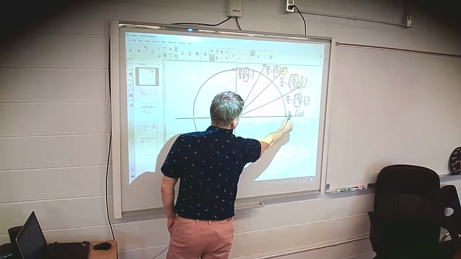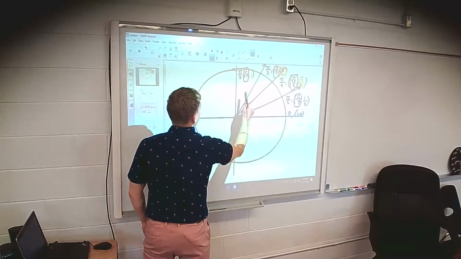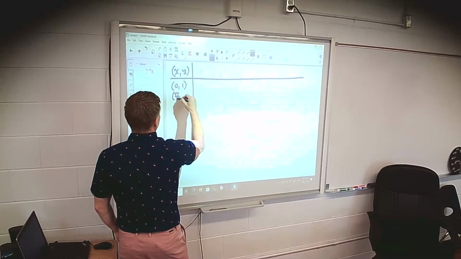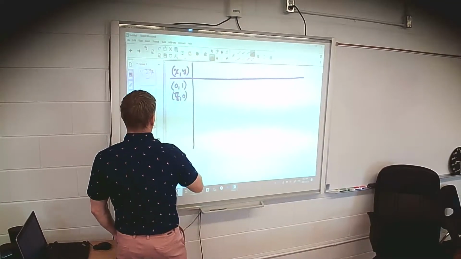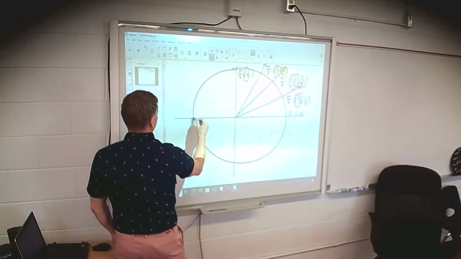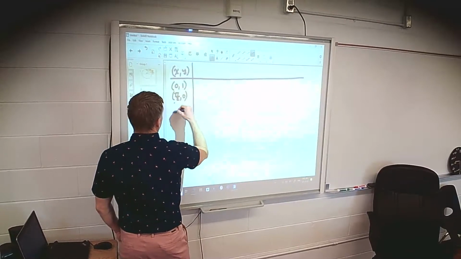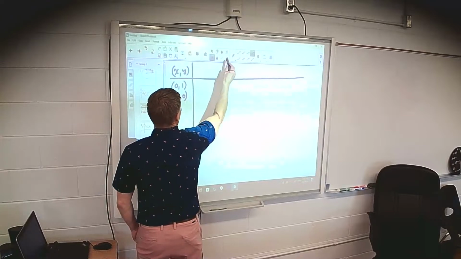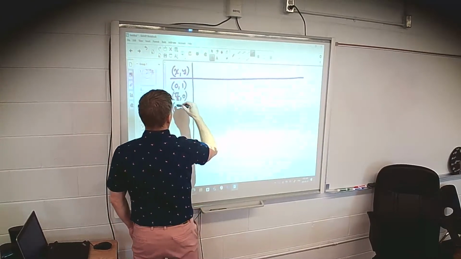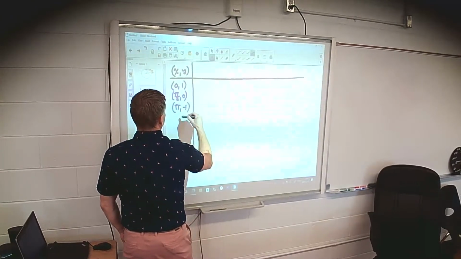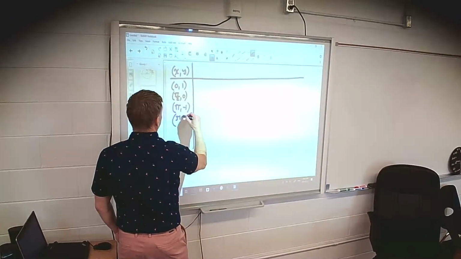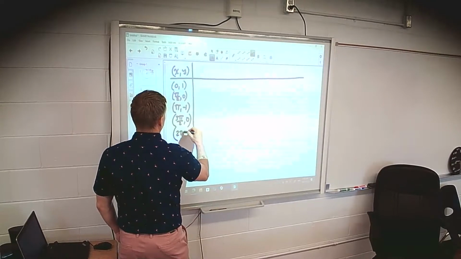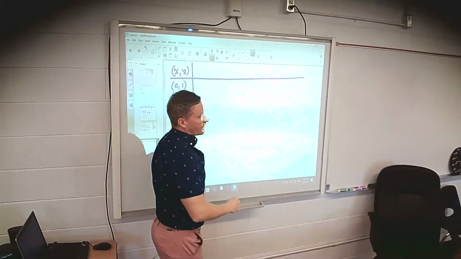So at 0 degrees or 0 radians, my cosine value is 1, up here. Then at pi over 2, and 0. Then I go to here, so that is pi, sorry, it's not minus pi, it's pi and negative 1. Then 3 pi over 2 and 0, and 2 pi and 1. Okay, those are the 5 key points.